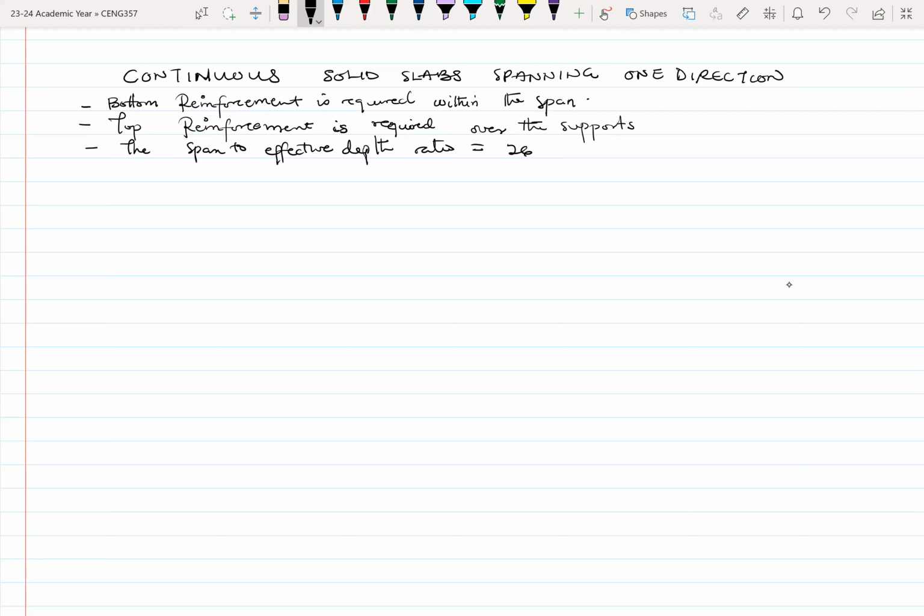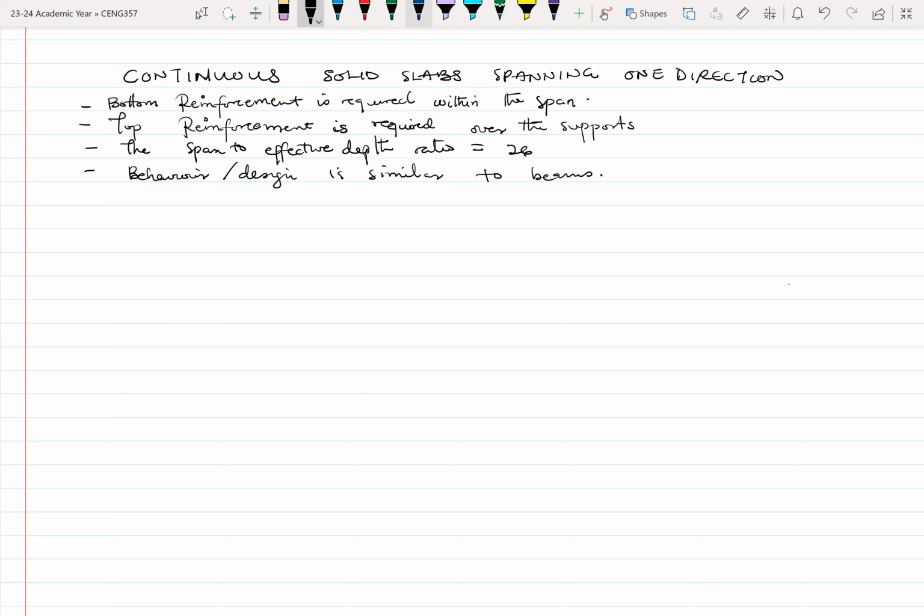Normally, because of the fact that we have spans of this nature. So again, behavior and design is similar to beams.